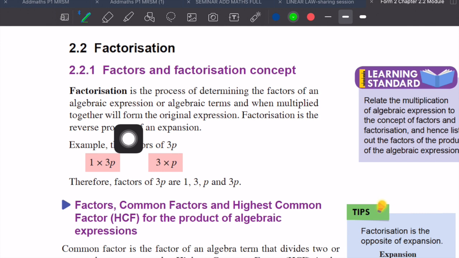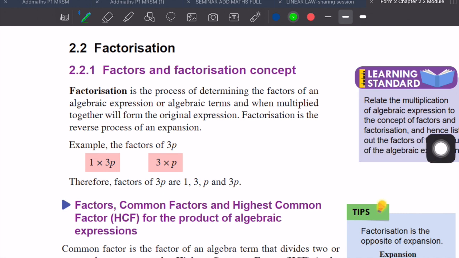First of all, you need to know the factors of 3p. You can write it as 1 times 3p and 3 times p. Therefore, the factors of 3p are 1, 3, p, and 3p.